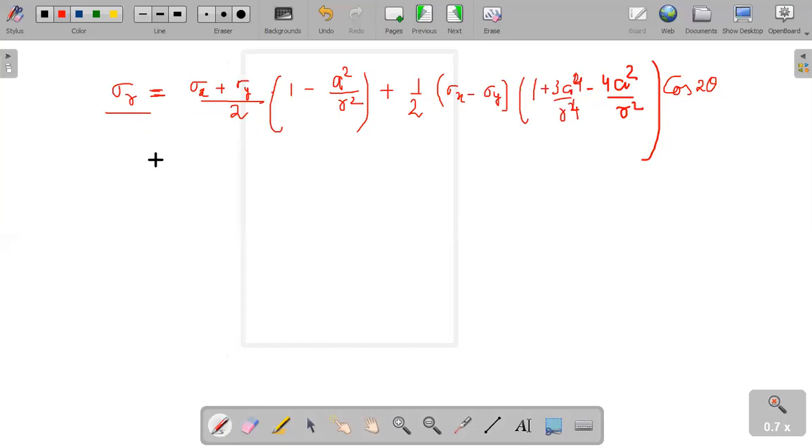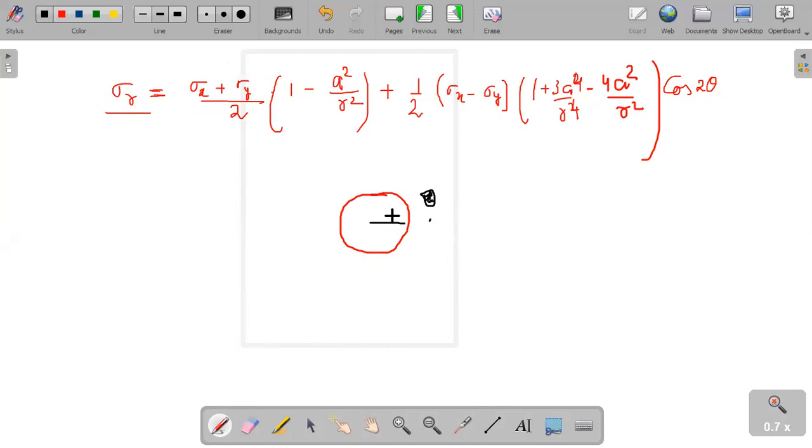So here, let's see, this is the opening. Let's assume this is the opening and you have to find any stress on this area.